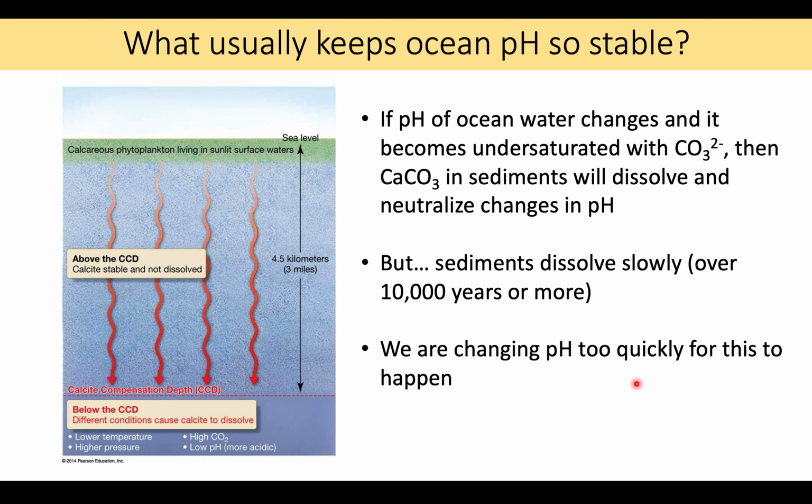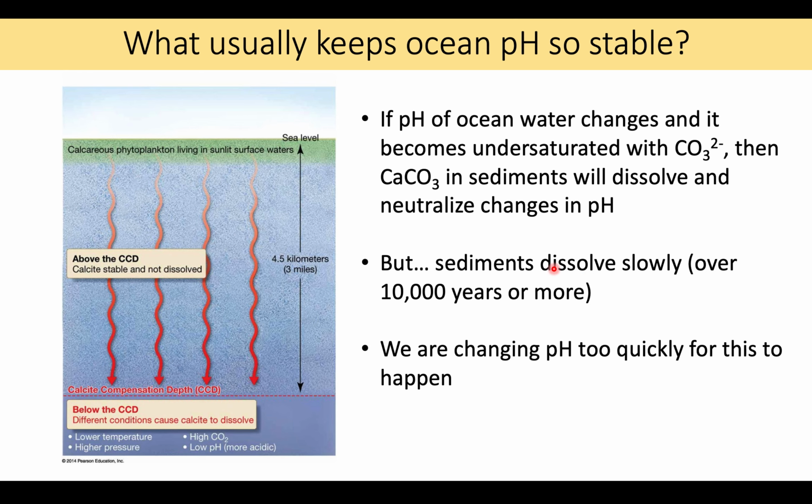So if the water is undersaturated, sediments on the bottom of the ocean will dissolve and add that carbonate back into the water. It's able to saturate itself back, to balance itself out by dissolving sediments on the bottom of the ocean.